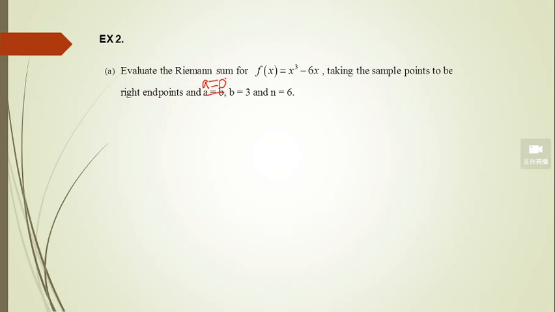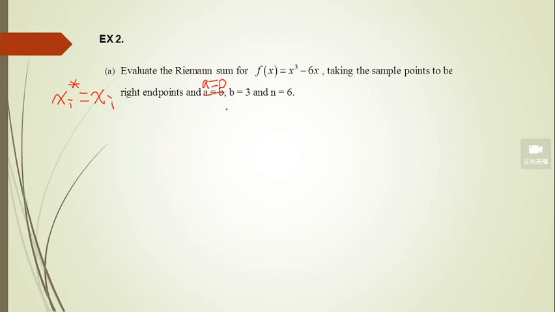So, example 2. Evaluate the Riemann sum. Riemann sum means that sum notation, okay? For the function f(x) equals x cubed minus 6, taking the sample point to be the right-hand point, which means my xi star is xi, right? And a equals 0, b equals 3.